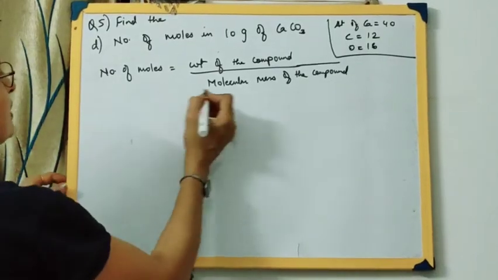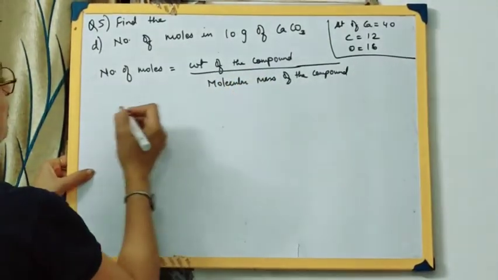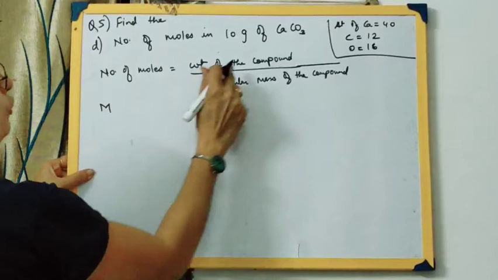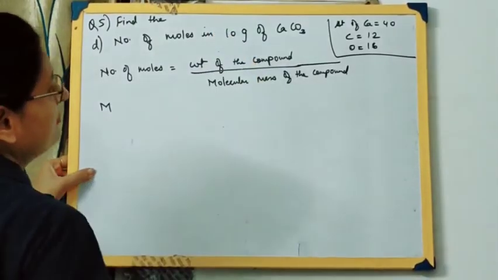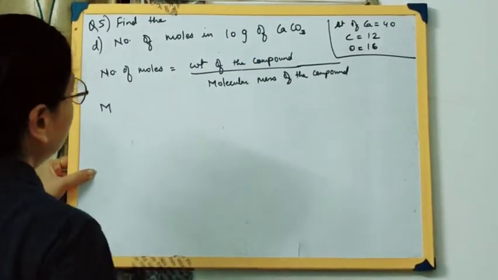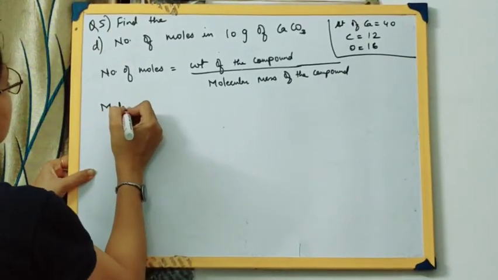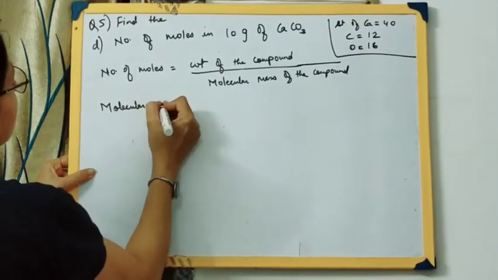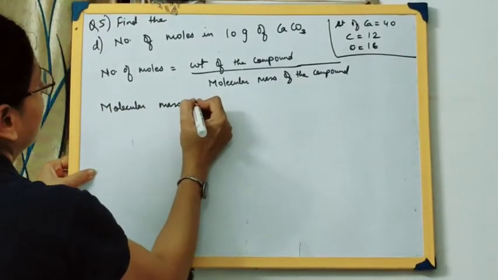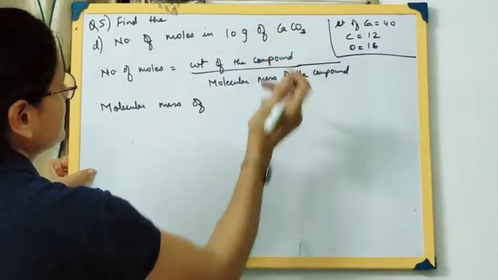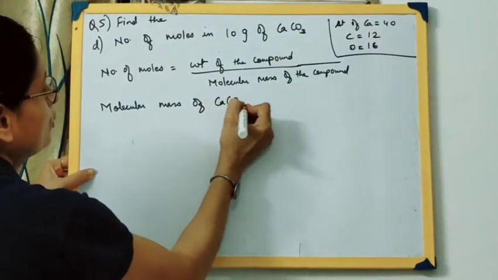So we will find out the molecular mass of this. We know the weight of the compound, which is given as 10 grams. We need to find the molecular mass of the compound. Which compound? That is calcium carbonate, CaCO3.